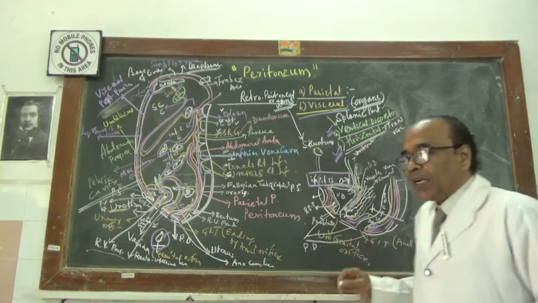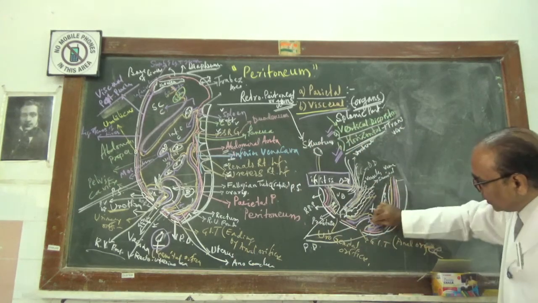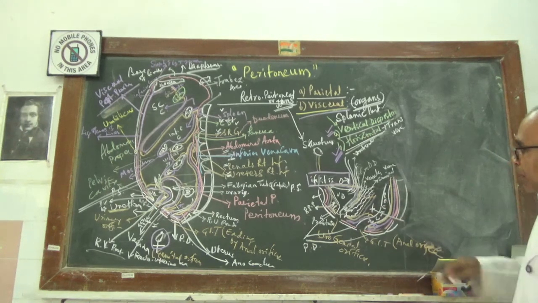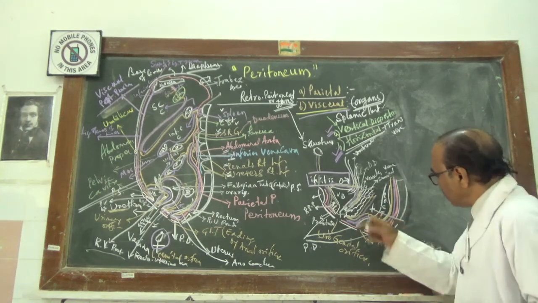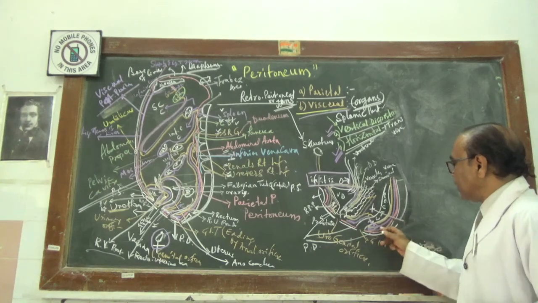Then let us go to the male. In the male, the rectum is similar to the rectum in female. You will be having an anococcygeal and rectococcygeal ligament.